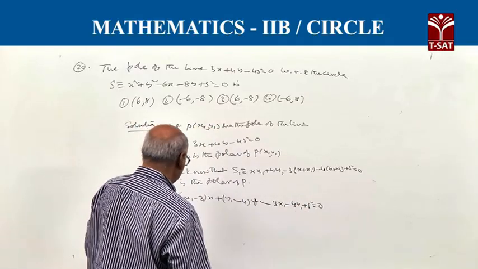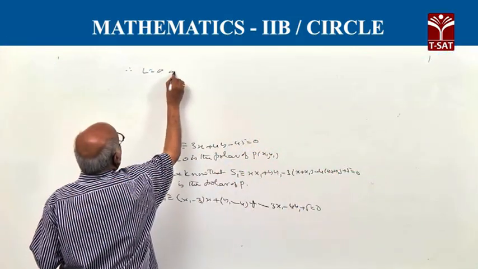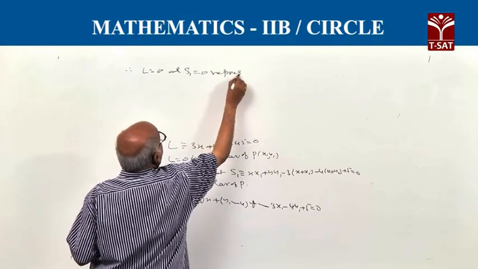Therefore, L equal to 0 and S1 equal to 0 represent the same line.